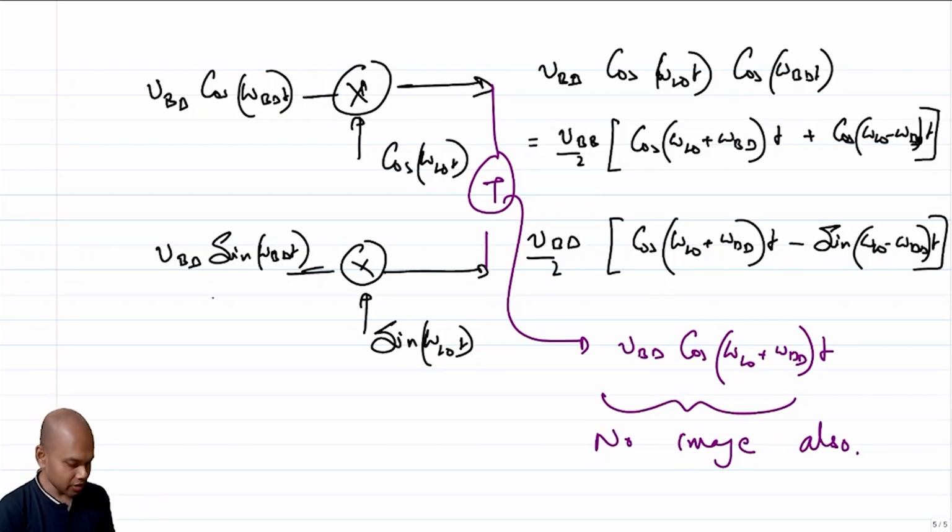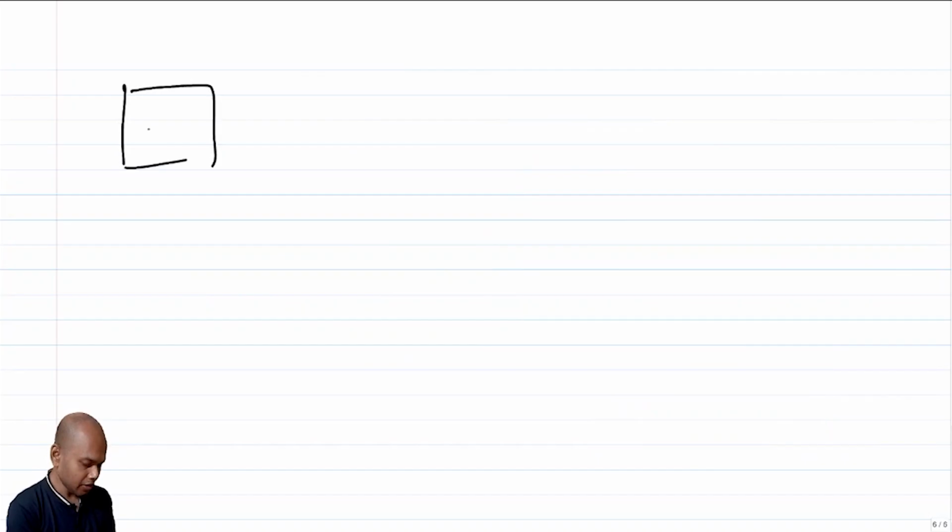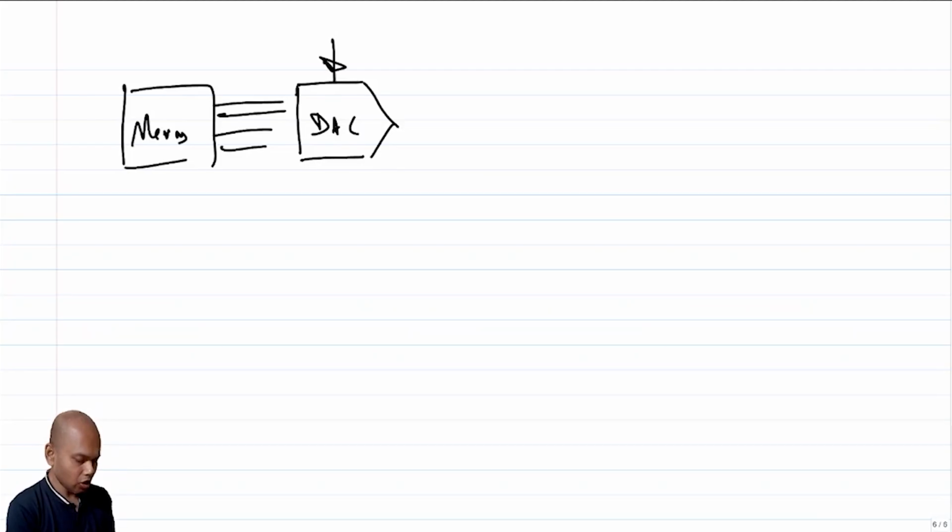Now how do I get this sine omega BB t? So obviously when you have a bunch of memory, I said that you take this and pass it through a DAC, right? And the DAC is clocked. Correct?